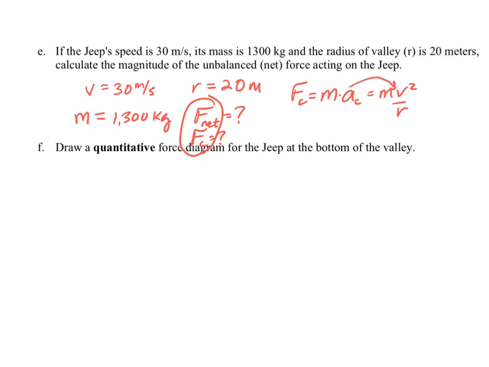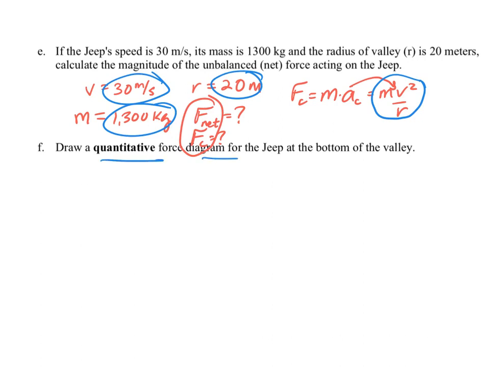I've got my v over here, my r right here, my mass right here. Just fill in the numbers, and this is more a math problem than it is a physics problem. So you didn't have to do a whole lot of thought process to get that answer. But now you have to draw a quantitative force diagram for the Jeep at the bottom of the valley. This is going to require a little bit more thought.